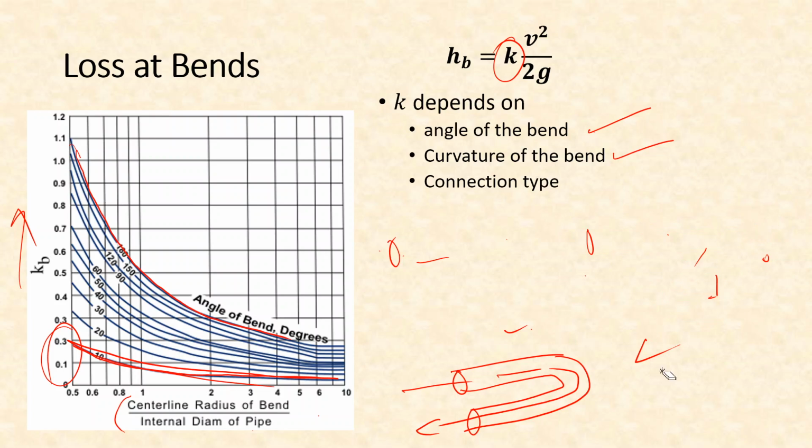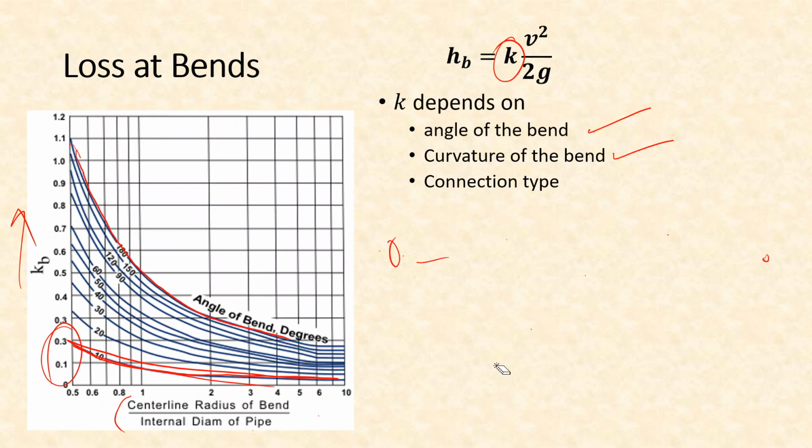And it means that if we have a bend like this, in that case the centerline radius of the bend means if this is the central line of the pipe, then what is this radius at the bend? So this radius is in this case very small, and if we compare it with the diameter of the pipe, that is this diameter, then we will get a smaller ratio.